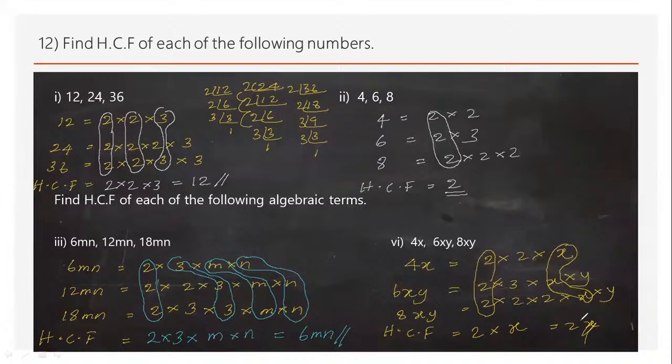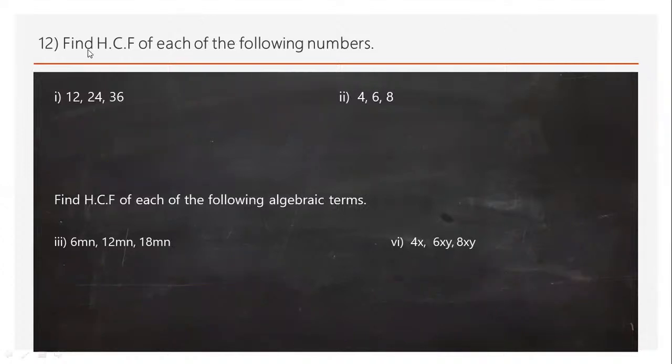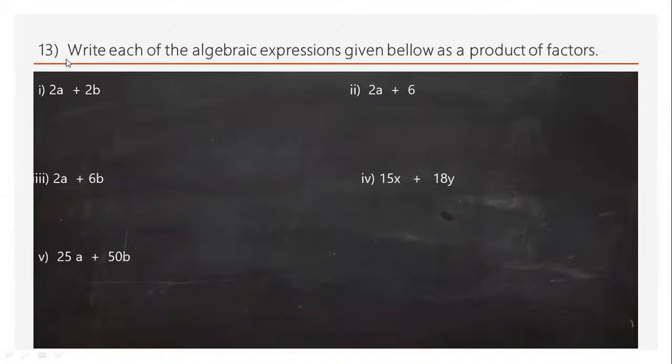Question number 13. Write each of the algebraic expressions given below as a product of factors. Then 2 common, take 2 out, a plus b.